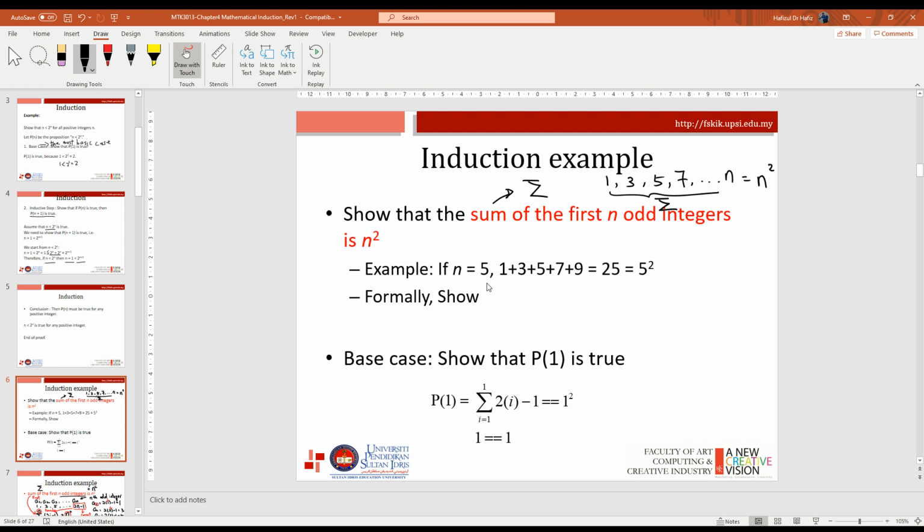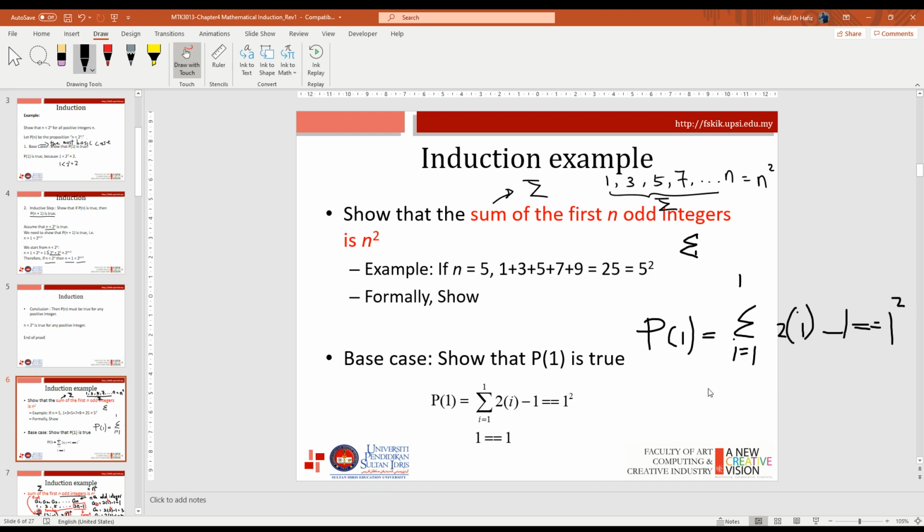If n equals 5, then we have the sum of them. Formally, we have this formula: P(1) is the sum from i equals 1 to 1 of (2i minus 1), which is equivalent to 1 minus 1, and it equals 1^2.